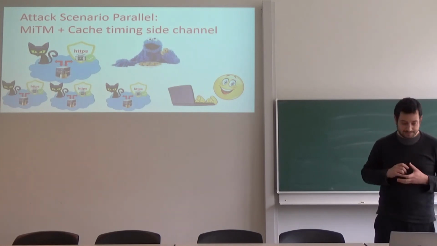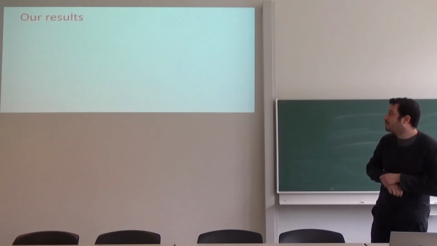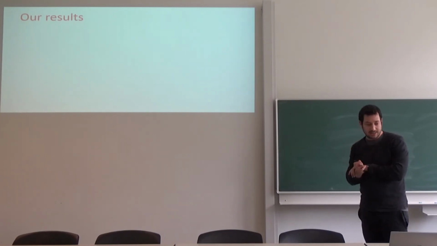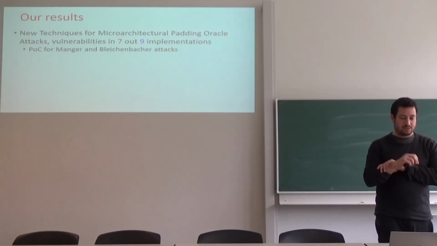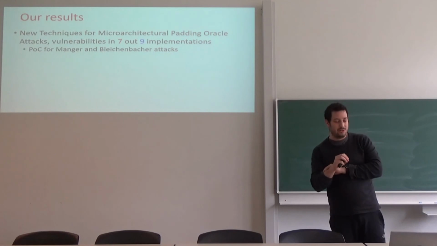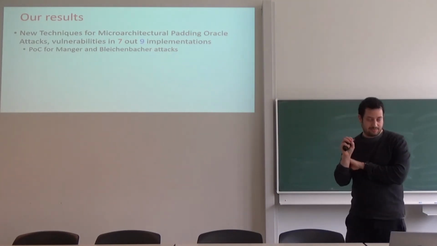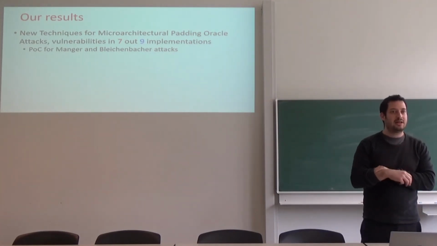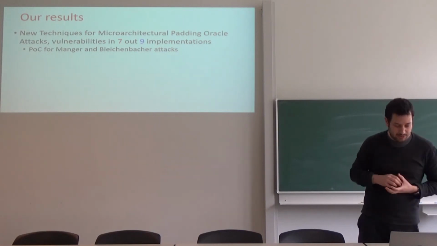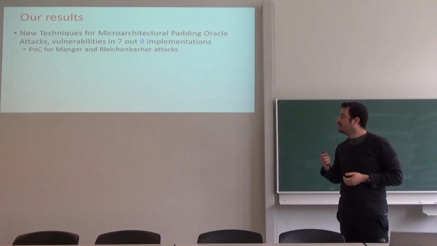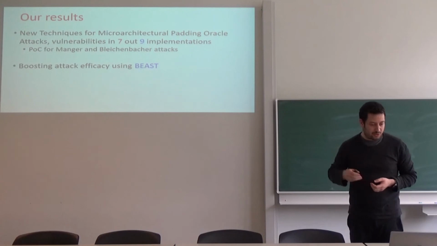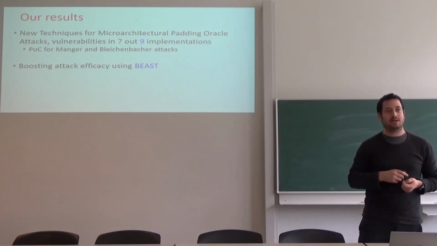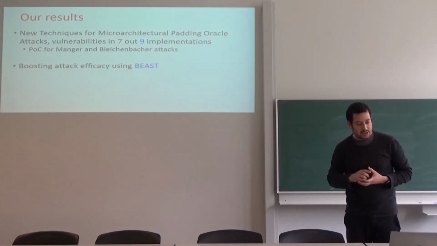And that is it. So to recap our results, we have a new technique that I didn't have time to go into, to use microarchitectural padding oracle attacks that can attack 7 out of 9 different implementations that we see. We actually have a proof of concept for both the Manger and Bleichenbacher oracle type of attacks on different implementations.